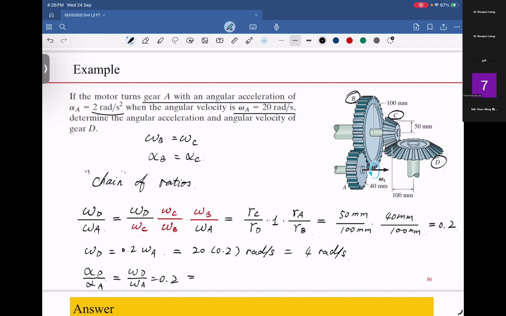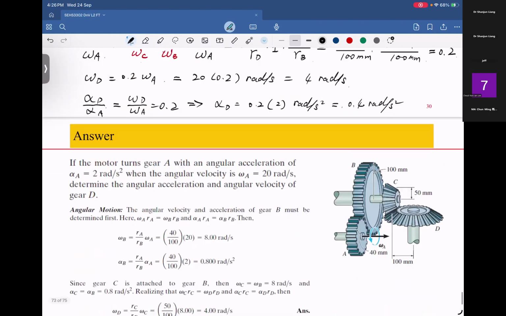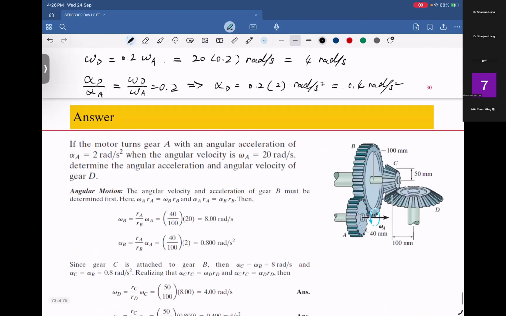Therefore, after calculation, you find alpha D is also 0.2 alpha A, which is 2, right? Radian per second squared. It's 0.4 radian per second squared. Okay, this is the answer.